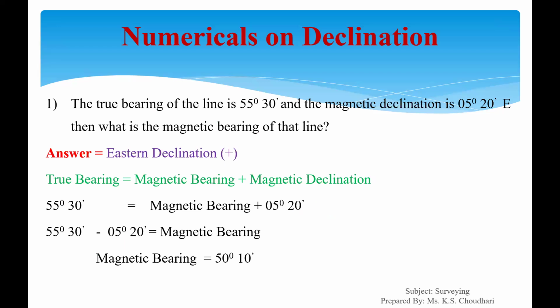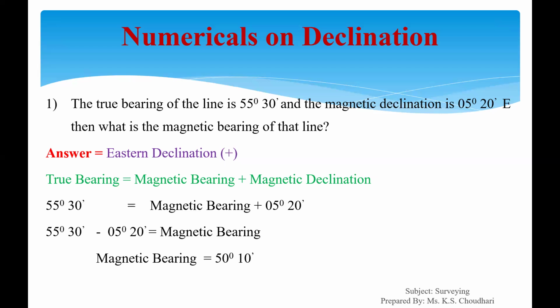Question number 1. The true bearing of the line is 55 degree 30 minutes and the magnetic declination is 5 degree 20 minutes east. Then what is the magnetic bearing of that line? Here the declination given is 5 degree 20 minutes east, that is eastern declination, so use positive sign. The formula becomes true bearing is equal to magnetic bearing plus the magnetic declination.